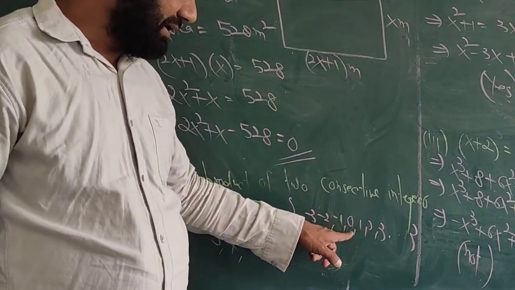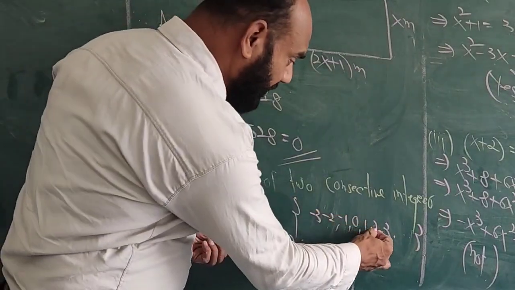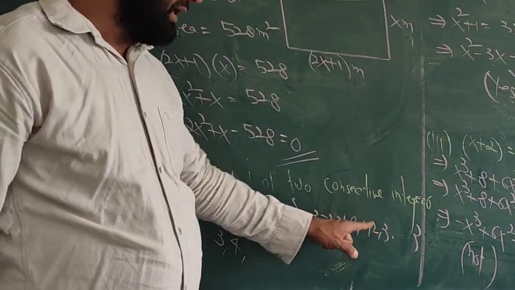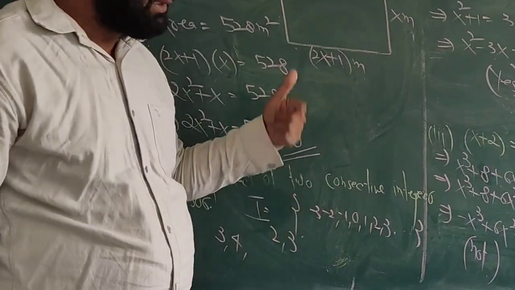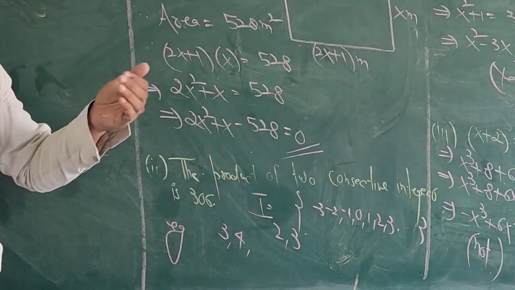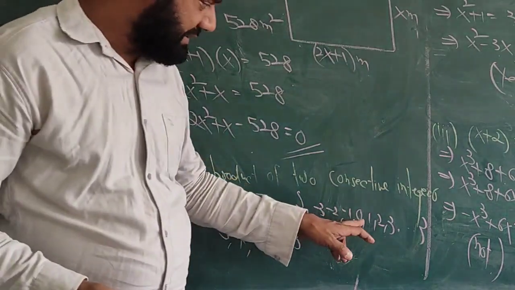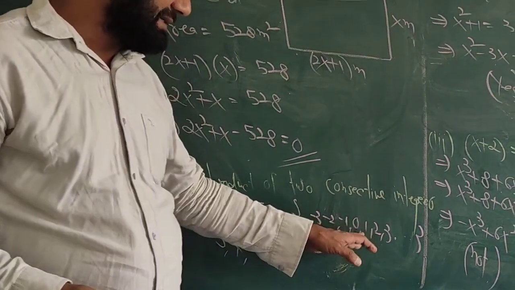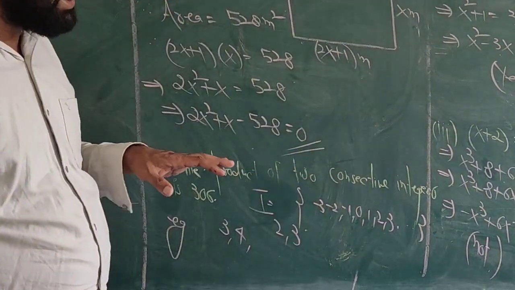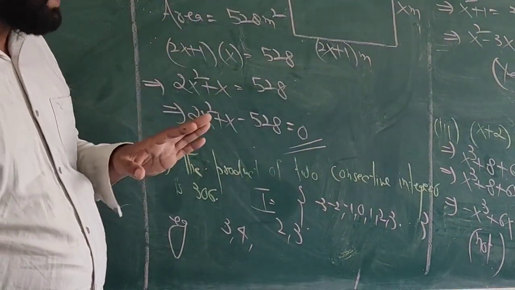Just like 0 and 1 are consecutive integers, 0 and 2 are not consecutive integers because 2 is not adjacent to 0. In simple words, any two numbers are said to be consecutive when they are neighbors. When 0 is an integer, its neighbor is minus 1 or plus 1. So in consecutive integers we see the difference is always 1.